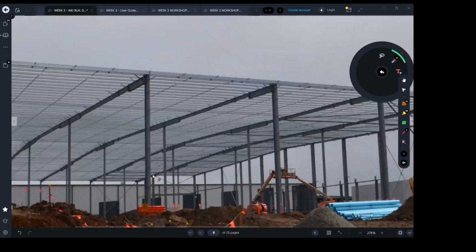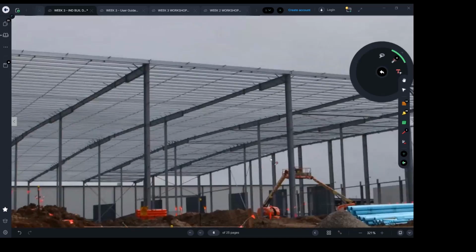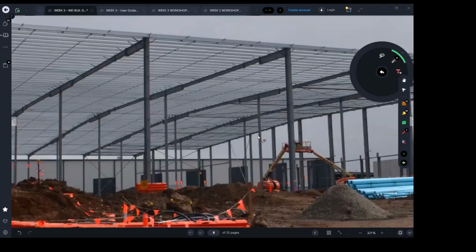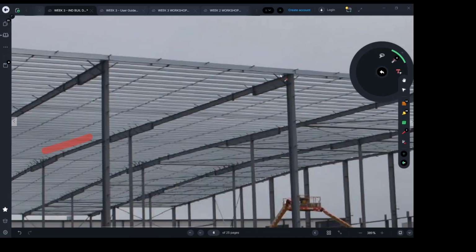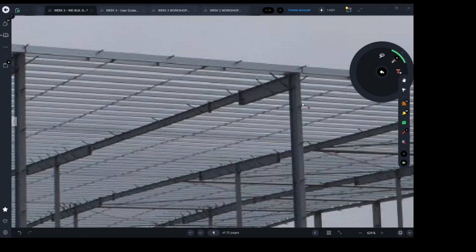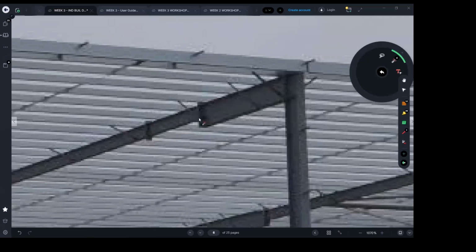This is a real project. I think it is the kind of project you're going to be working on in assignment one. Here you can see in reality the actual column, the roof rafters, and the haunches. You can see in many textbooks the haunches have a tapered look, but this may not be cost-efficient for the manufacturers.